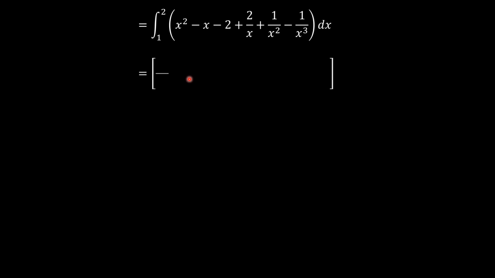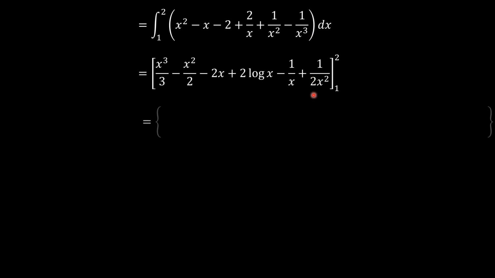And then minus x becomes minus x squared over 2. Minus 2 becomes minus 2x. 2 over x becomes 2 log x. Plus 1 over x squared becomes minus 1 over x. Minus 1 over x to the power 3 becomes plus 1 over 2x squared.